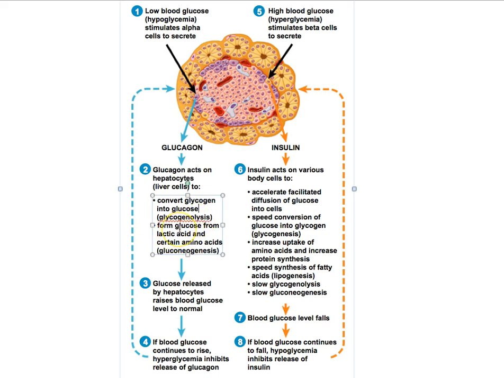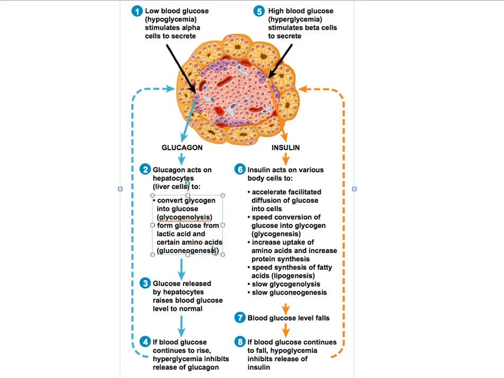Now, the form of glucose, and what we mean by this, of course, is that with glucagon at the same time, you can convert glycogen into that glucose, no problem. We can just lyse that. But we can also take from lactic acid and certain amino acids, we can form glucose, and that actually has a specific name.